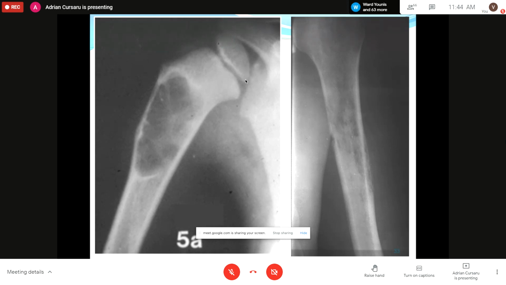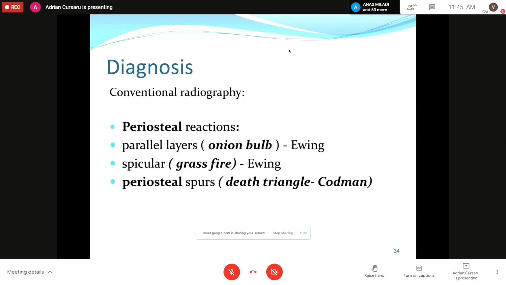Head of the humerus, but you can see here it's normal, and here we have a disruption. What does that disruption mean? I will help you a little bit. That's a child. Growth plate? Yes, and that's an adult. Okay?